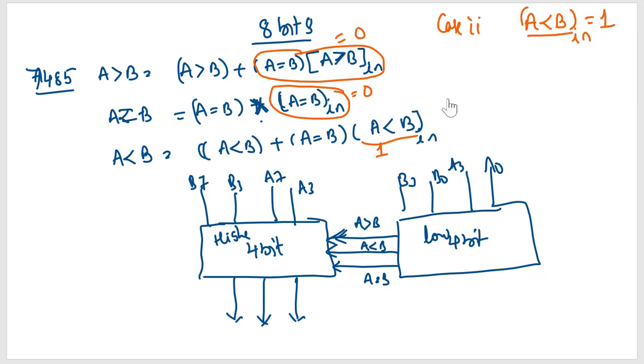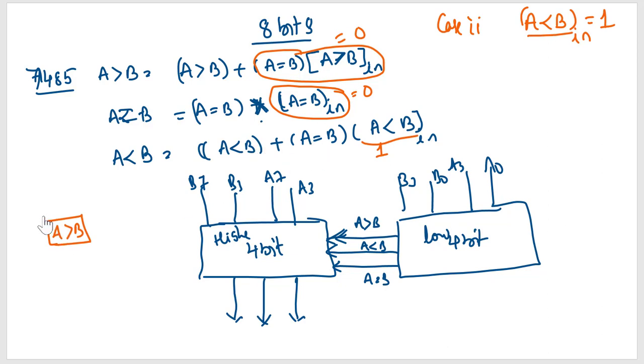Now we'll try to see, in the second higher order bit, suppose my a is greater than b in the higher order bits. In this case, if you look at here, since a less than b is 1, when a is greater than b, so this will be 1 and this is already 0. When a greater than b, your a less than b will be 0 and a equals to b also 0.